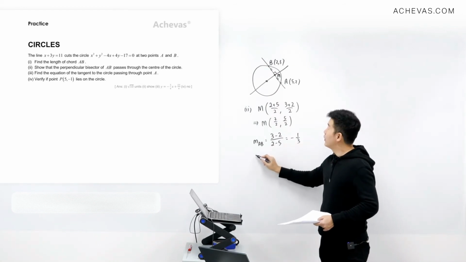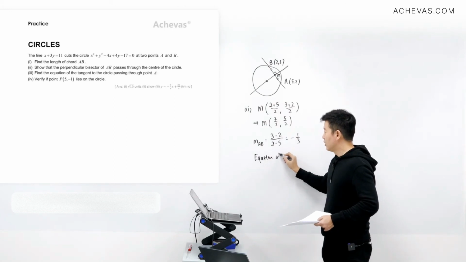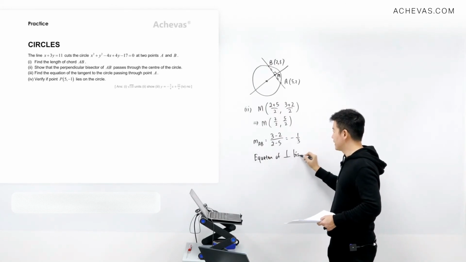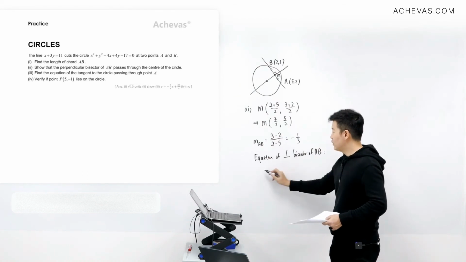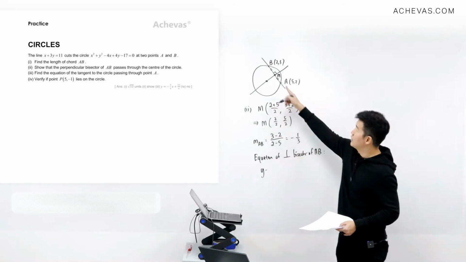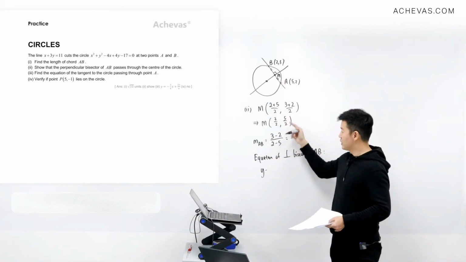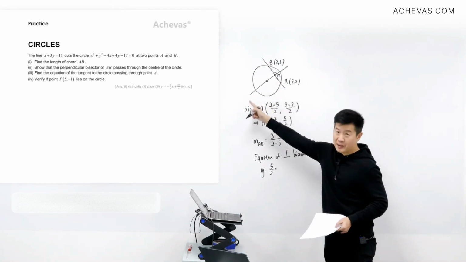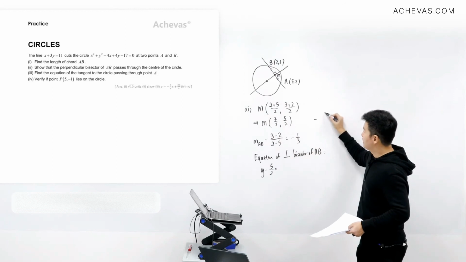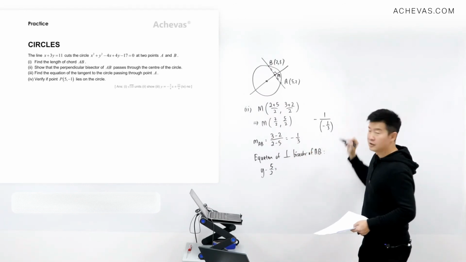So now we can form the equation of the perpendicular bisector of AB. And that will be y minus the y coordinate of M, since M lies on this line. So y minus the y coordinate of M is equal to the gradient of the perpendicular bisector, which is minus 1 over the gradient of the chord AB.